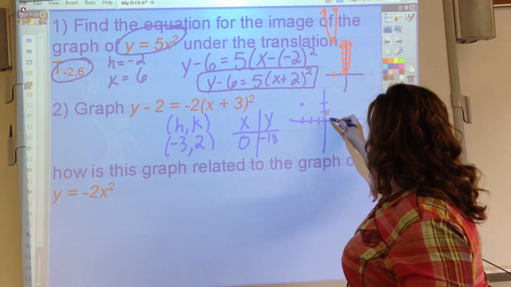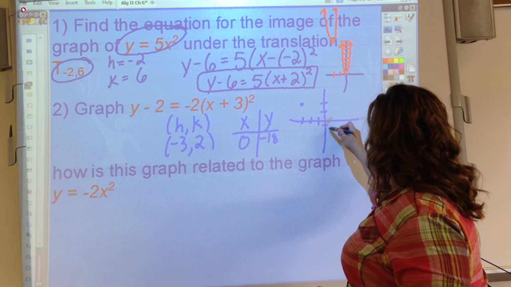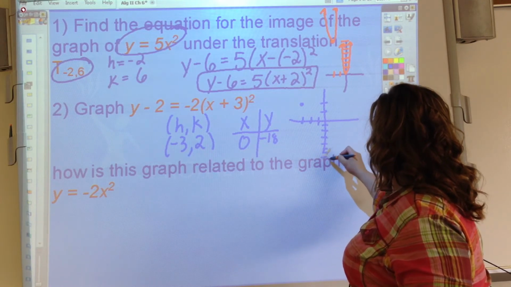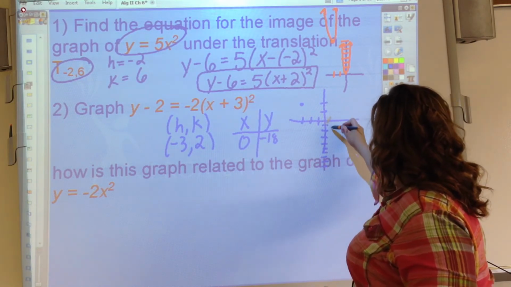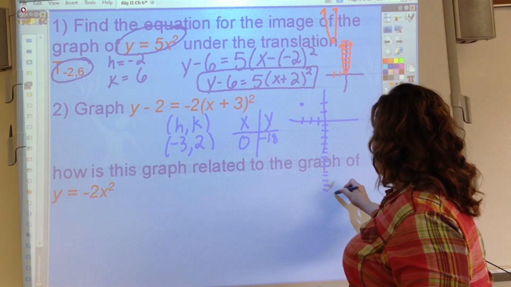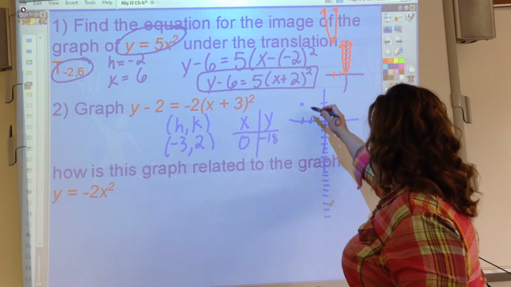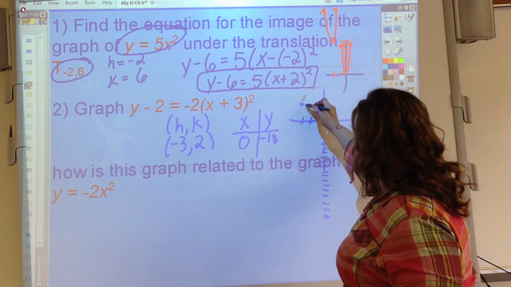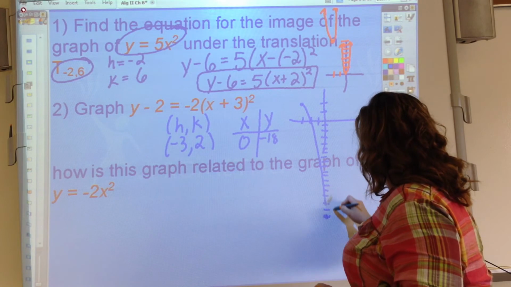So when x is 0 here, y is already all the way down here at -18. 1, 2, 3, 4, 5, 6, 7, 8, 9, 10, 11, 12, 13, 14, 15, 16, 17, 18. So that is a pretty fast growing graph.